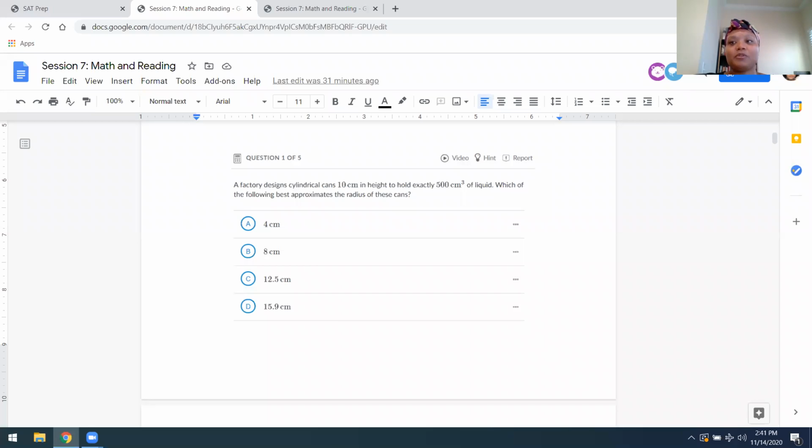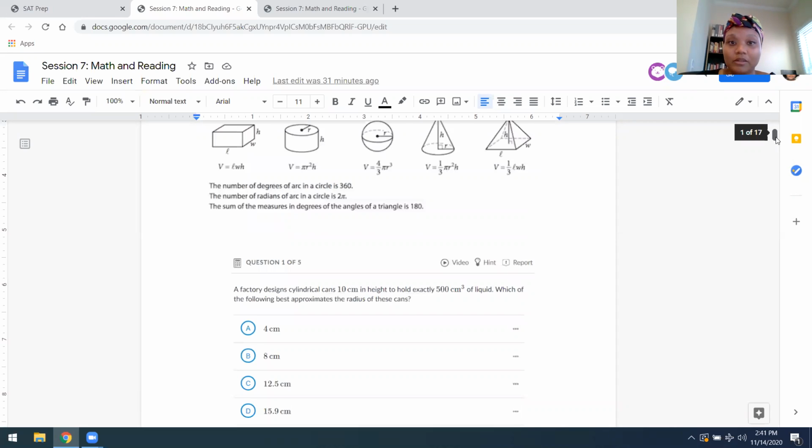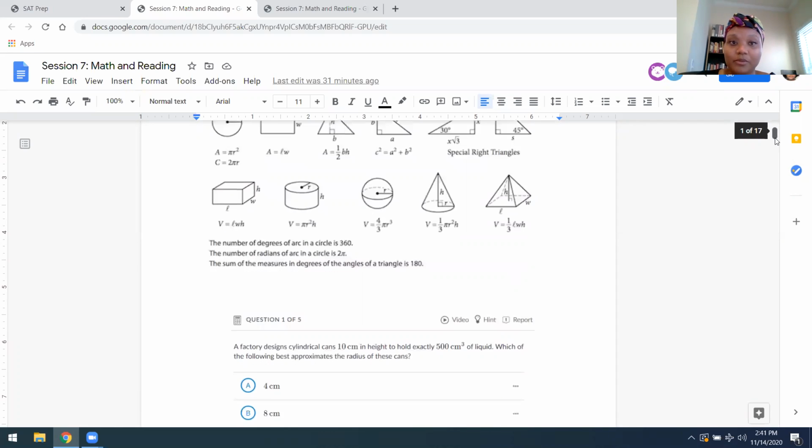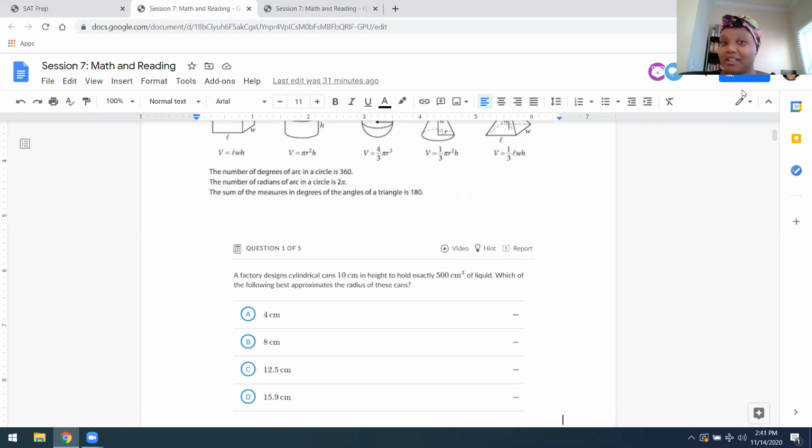Even if you're not super familiar with it, just try your hand at it and we'll discuss what you get. Now, the formulas that I showed you before, definitely those are going to be needed.